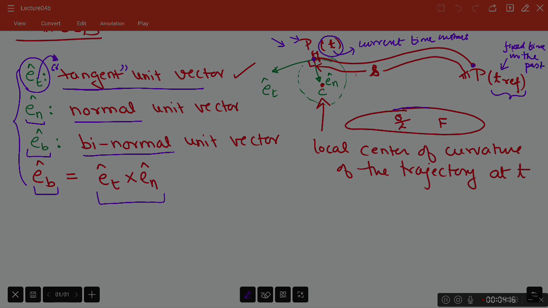So this observer started tracking the motion of the particle at t ref, and he has been monitoring this motion, and at the current time instant the particle is at this location.